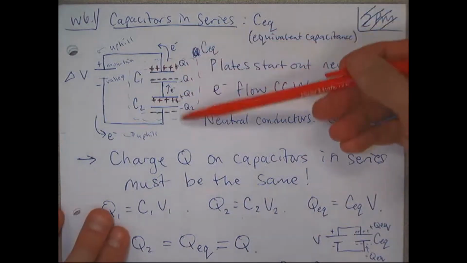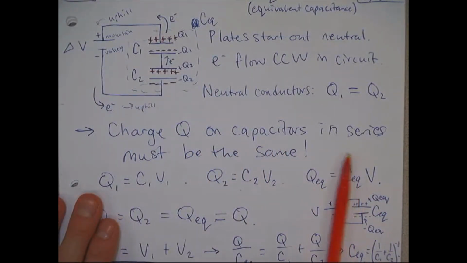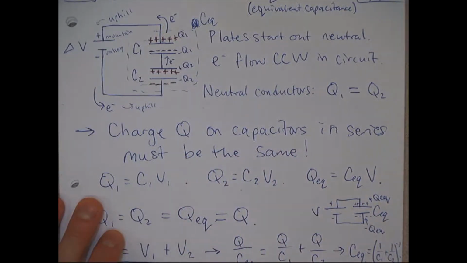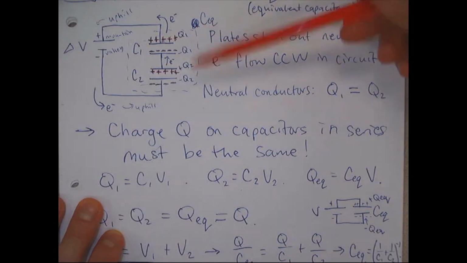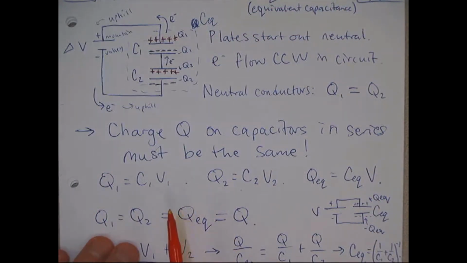All capacitors in series, therefore, must obtain the same charge Q. So instead of the case with capacitors in parallel, which all had the same voltage, now capacitors in series must all have the same charge.